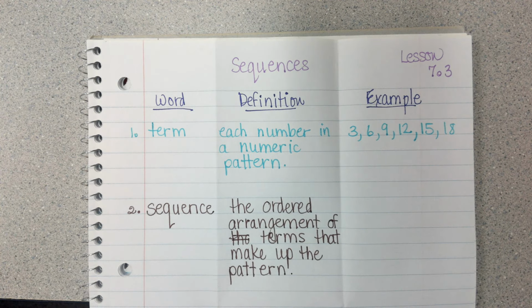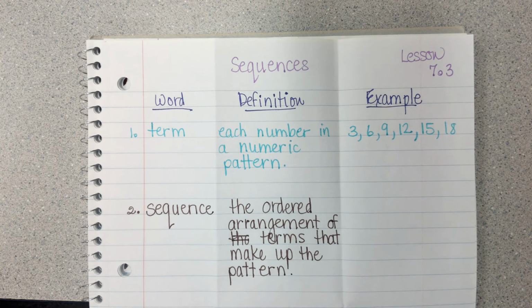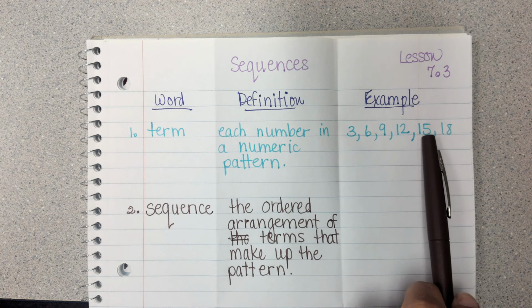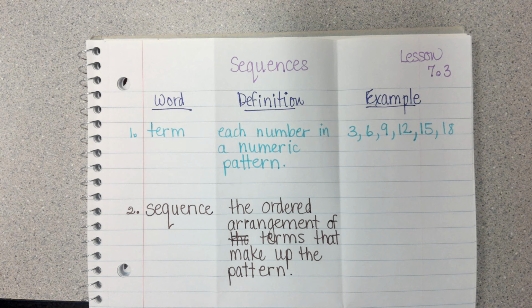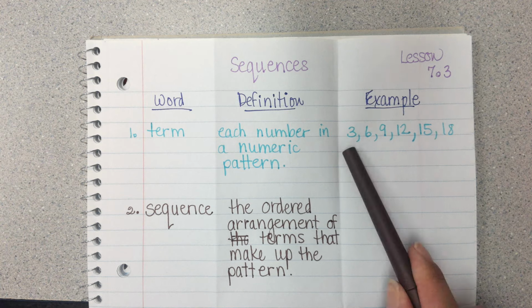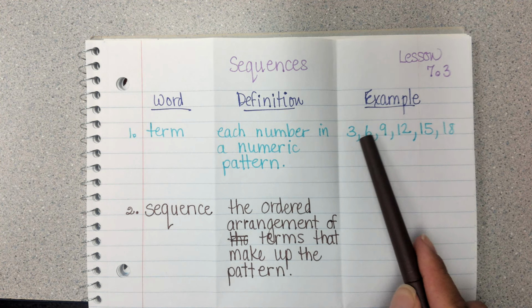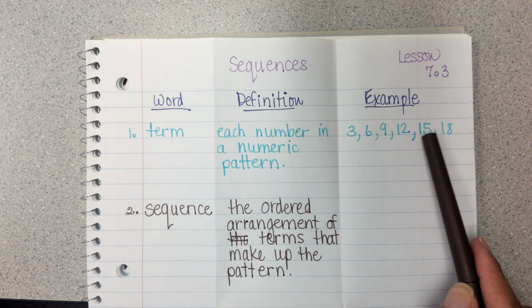So for instance, in the example that I have, 3, 6, 9, 12, 15, and 18, the ordered arrangement, the sequence would be the way you have them written, separated by a comma, and you're thinking about what the pattern is.